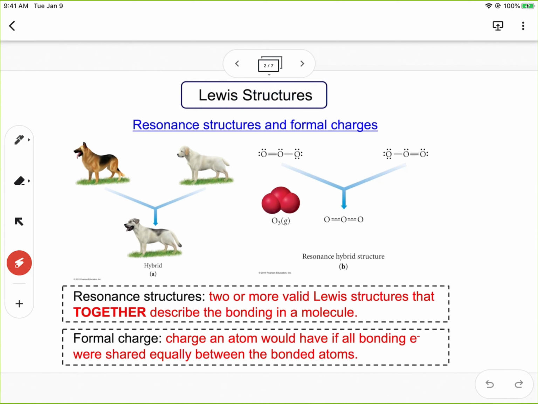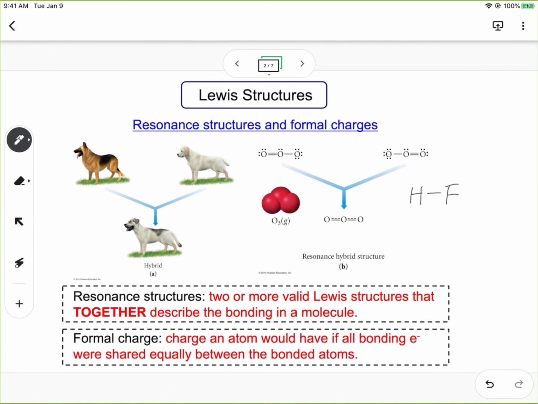All right. Now, formal charge. How do we define formal charge? Formal charge is the charge an atom would have if the bonding electrons were shared equally between bonded atoms. Let me give you one example here. Hydrogen fluoride.